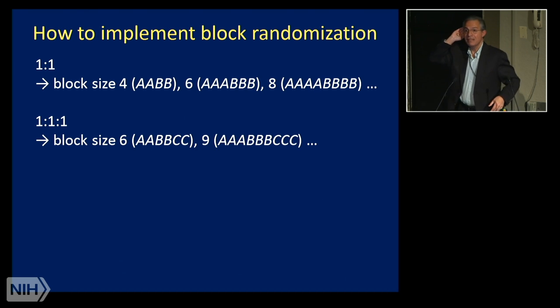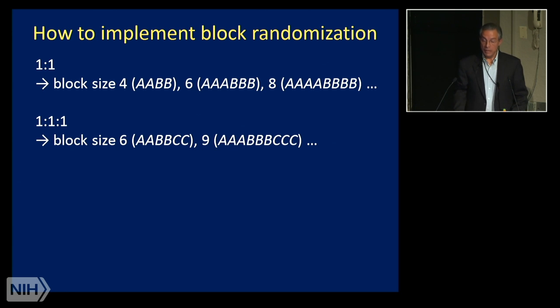Yes? So how do you decide the number of blocks? Does it depend on your sample size? The question is, how do you decide on your block size? Is it related to the sample size? The block size, you decide up front. It could be related to sample size, but doesn't have to. Bottom line is you keep it as small as possible.